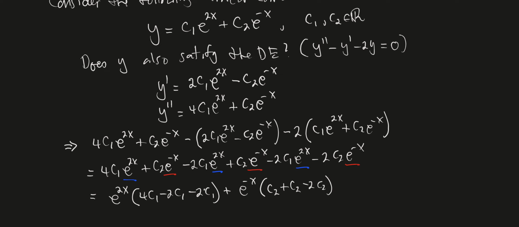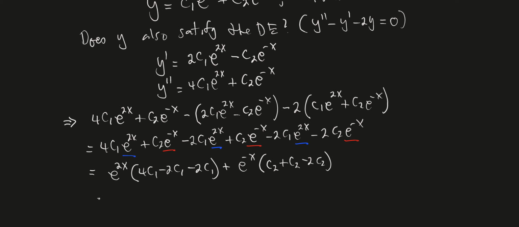So what happens is these coefficients, these three terms, they simplify to 0. These three terms, they simplify to 0. So we end up getting e to the 2x times 0 plus e to the negative x times 0.